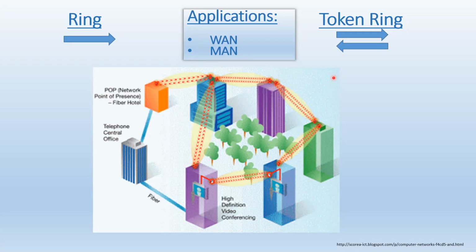A local area network would be confined to a building or an office. And the metropolitan area network is just like that, but it spans over the whole city.